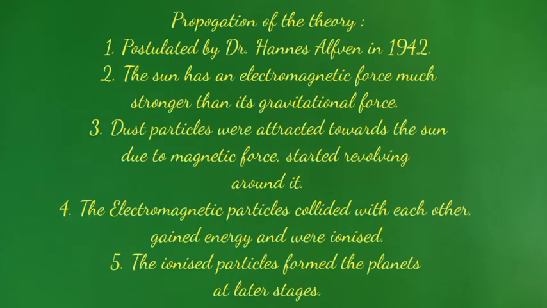In this theory, he discusses that the sun, which was present at that point of time, had a higher electromagnetic field and its force was greater than that of the magnetic force.